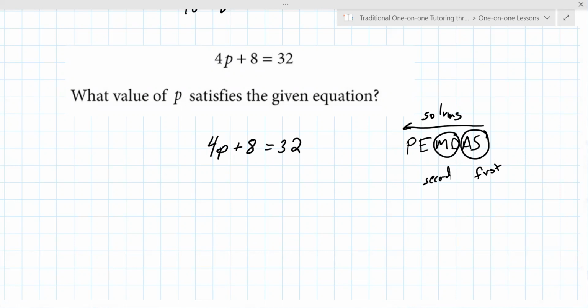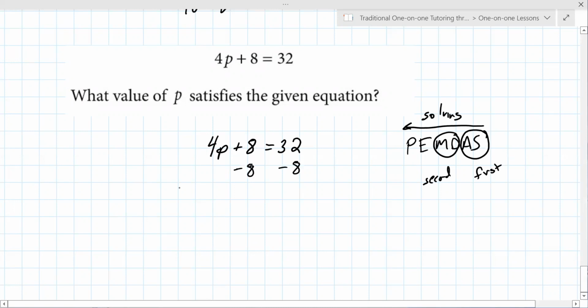So what do you undo first here? So what you need to do is that you should be able to just add 4 and 8. You know what? Subtract both sides by 8.